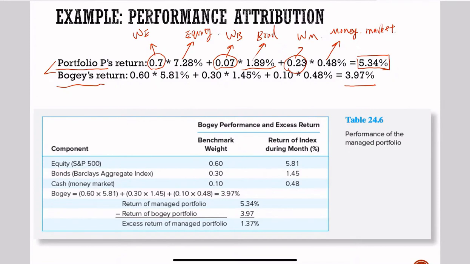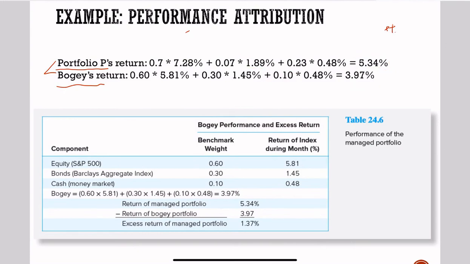So we want to build a Bogey portfolio. And now our Bogey portfolio has a return of 3.97%. And you can see that because portfolio P invests in three assets, the Bogey should also invest in three different assets. So this is the return of equity, return of bond, return of money market fund.